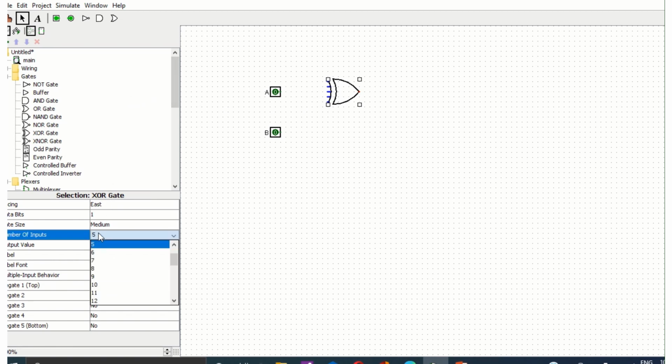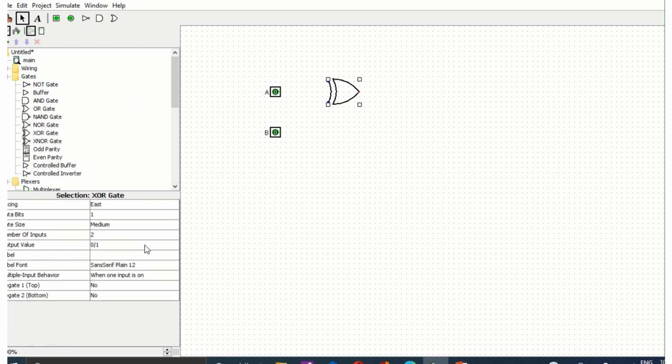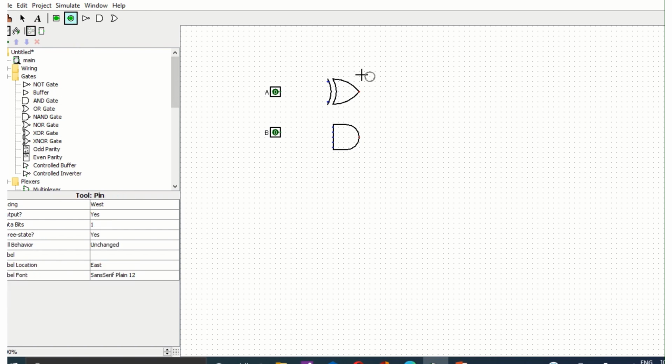Here I am going to change the number of inputs to 2. And I will use another AND gate. And I get two outputs.